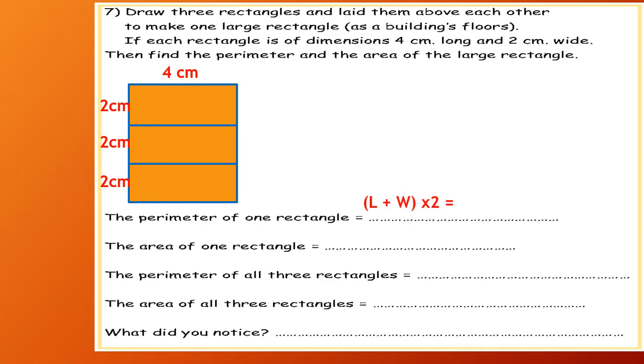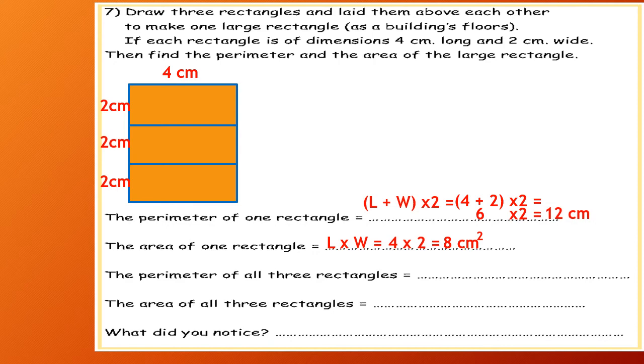The perimeter of one rectangle is length plus width, times 2, 4 plus 2 equals 6, 6 by 2 equals 12 centimeters.